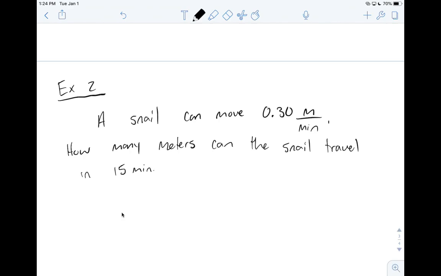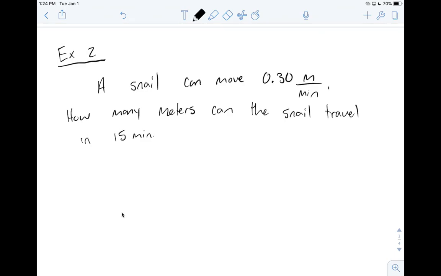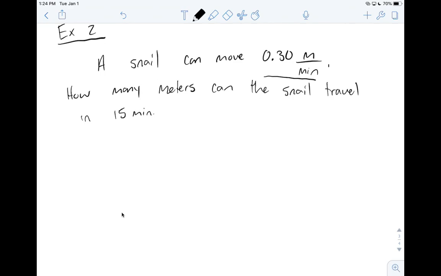Okay, this might look kind of weird because they give us meters per minute and they're giving us the time in minutes. Usually we see seconds, but that's okay. So same process, let's write down the things that they give us. They give us this number right here, 0.3 meters per minute. That would be the speed. So we have speed is equal to 0.30 meter per minute.